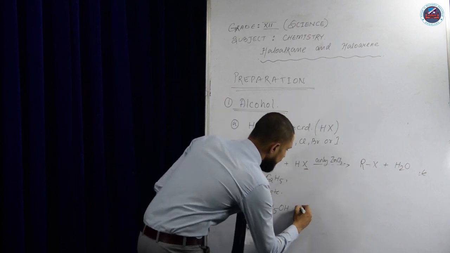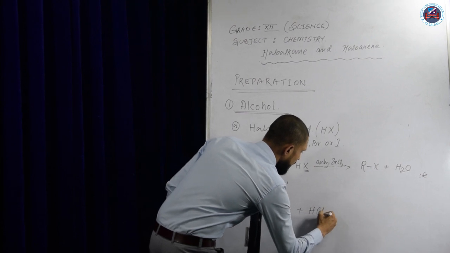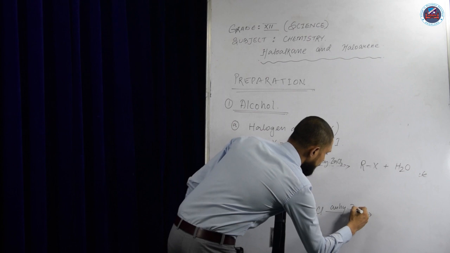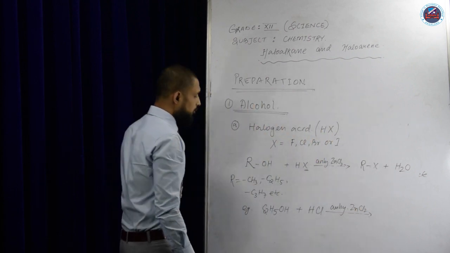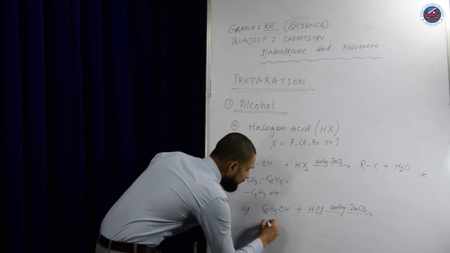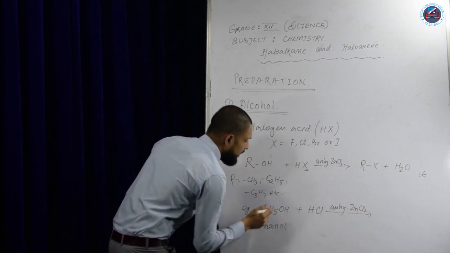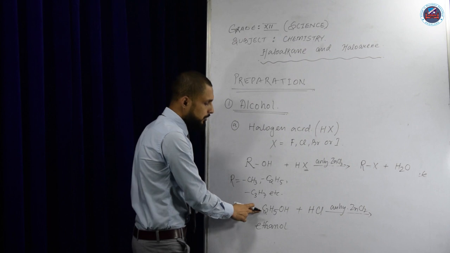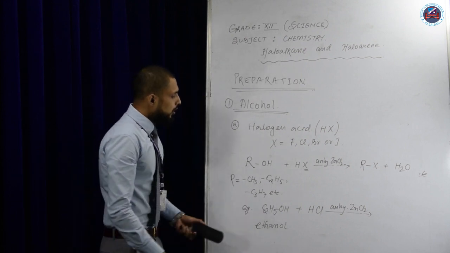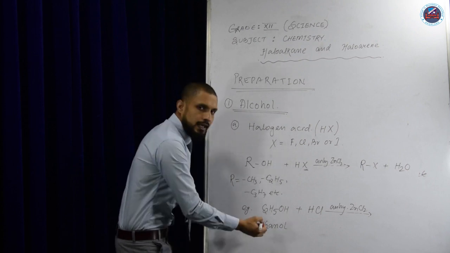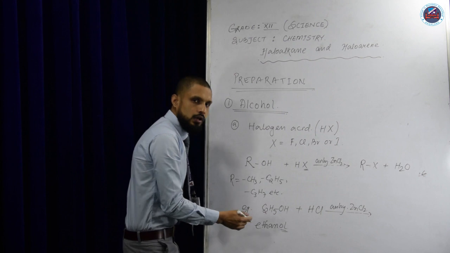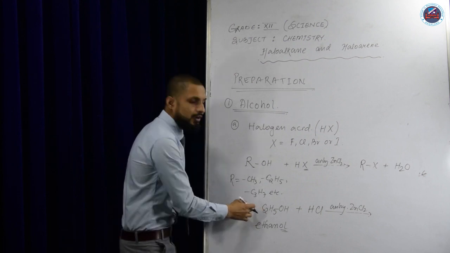Let us take an example. C2H5OH plus HCl in presence of anhydrous zinc chloride. Now here, the alcohol is known as ethanol. Why ethanol? Because you have two carbons. And we know when we write the nomenclature for alcohol, in the alkane name, E is replaced by OL. Say you have two carbons here, so what is the alkane name?